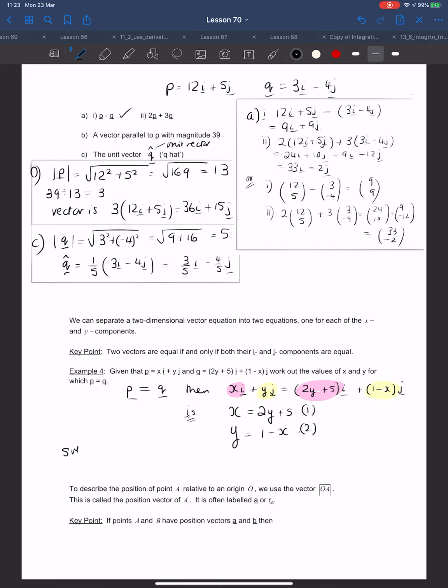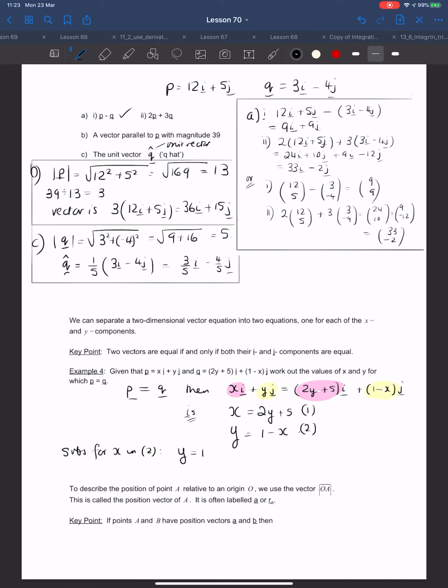So substitute for x in equation 2. Instead of having x there, I'm going to put brackets 2y plus 5 there, because x is equal to this. If I substitute this for x in there, I'll have an equation all with y's, and then I'll be able to work out what the y is.